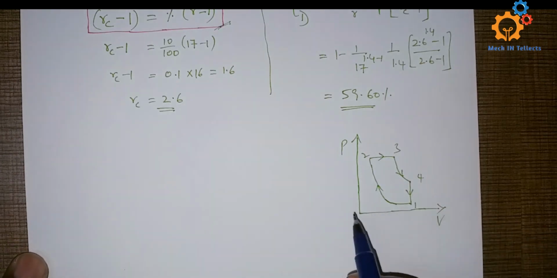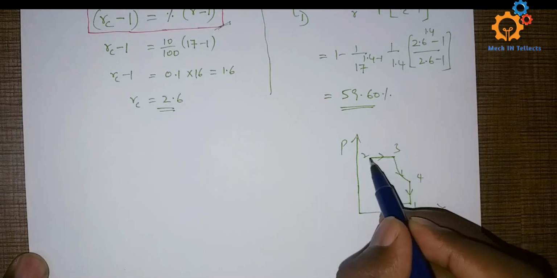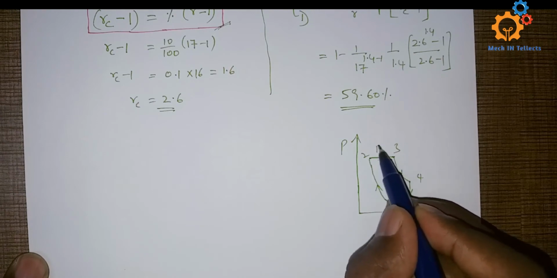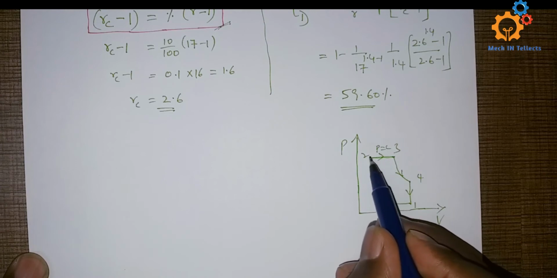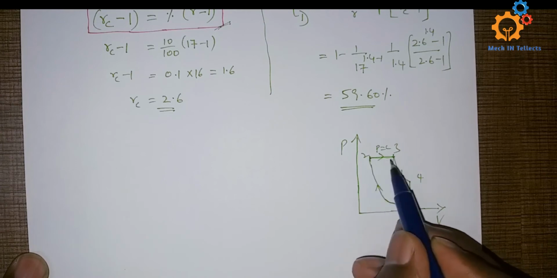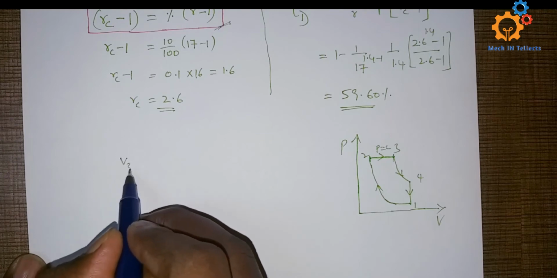Okay, see, cutoff volume, this is cutoff ratio, right, from 2 to 3, constant pressure process. Here cutoff volume is this one, from here to here. So I can write cutoff volume as V3 minus V2.